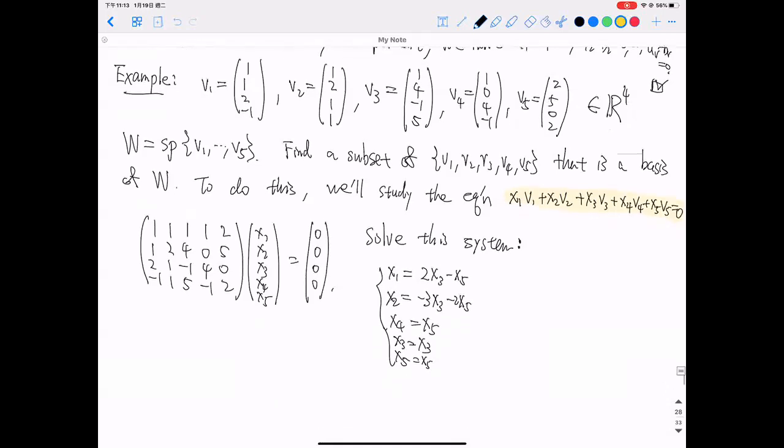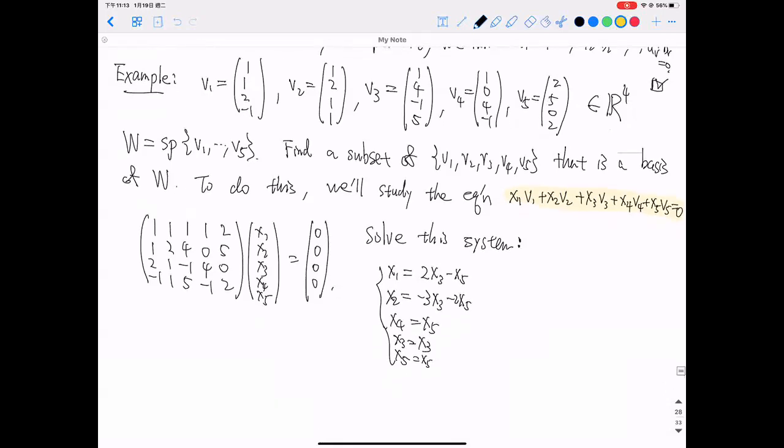Okay, so apparently this system has infinitely many solutions, but I just need one specific non-trivial solution, because all I want for our purpose is to find a non-trivial linear combination of the vectors v's equaling the zero vector.